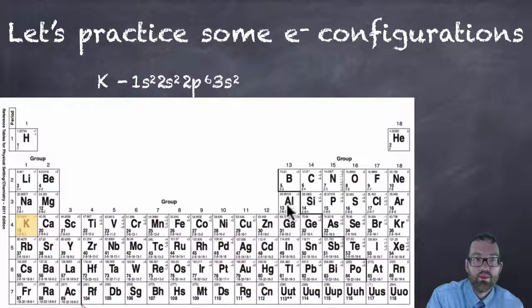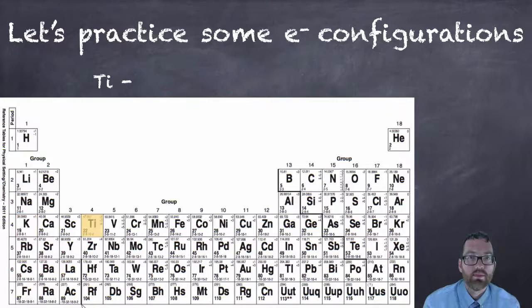Now we are in the p block once again, but in the third principal energy level, so we write 3p, and we have all 6 of those. And now we are in the fourth principal energy level, back in the s block, we write 4s1. And there's the configuration for potassium.